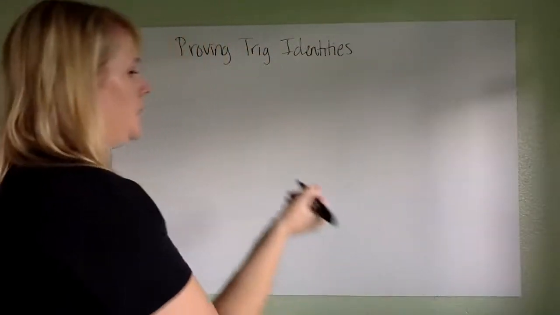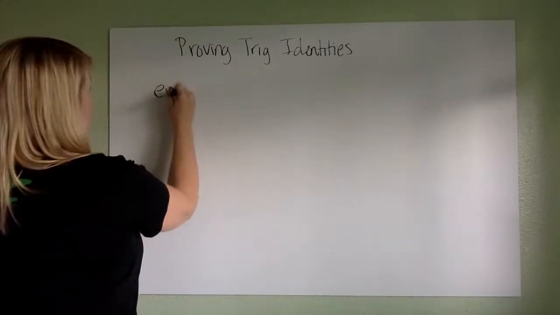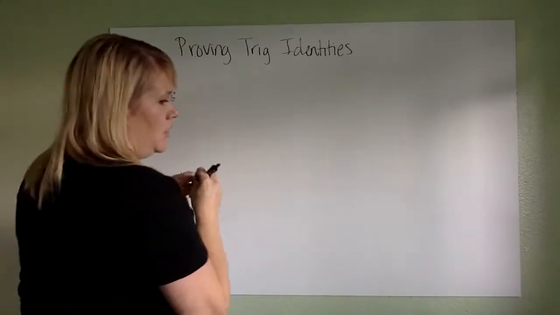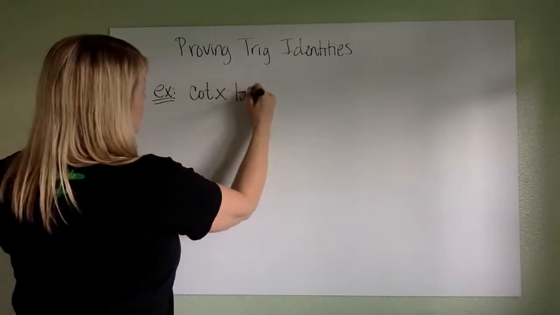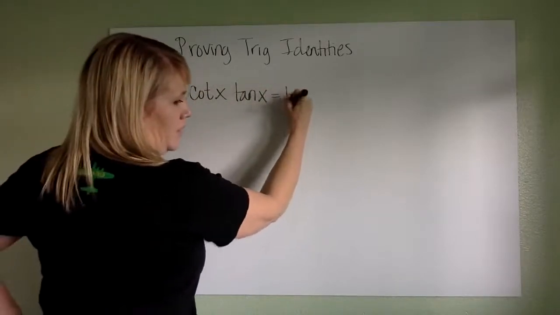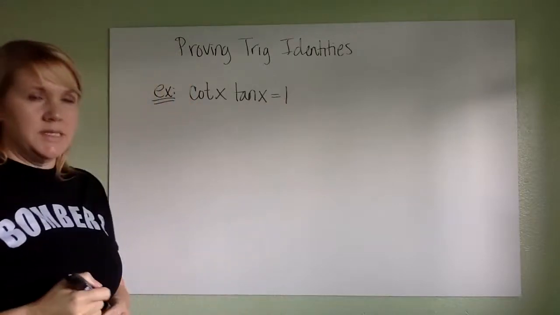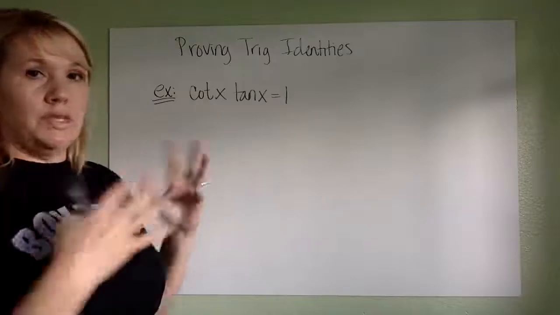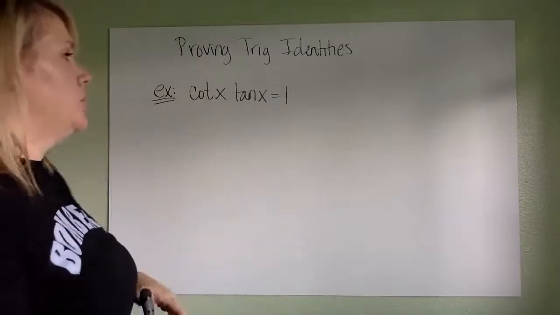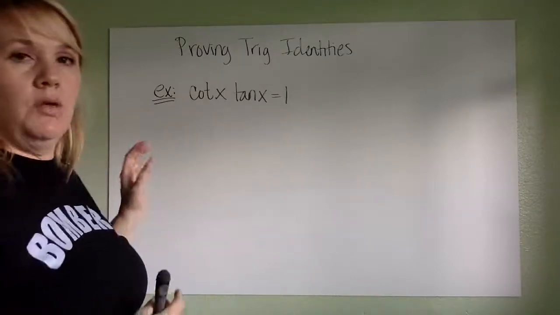Okay, so basically what's going to happen is you have a worksheet, and you're going to be given something that looks like this. This is what's called an identity, and our job is to prove that the two things are in fact equal to each other. So generally, we start on one side.